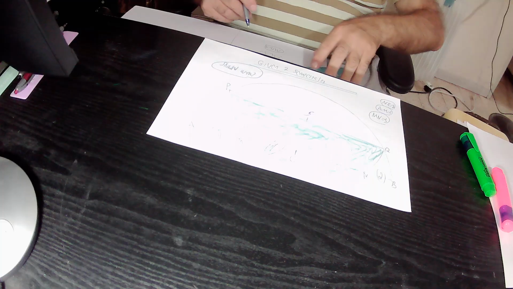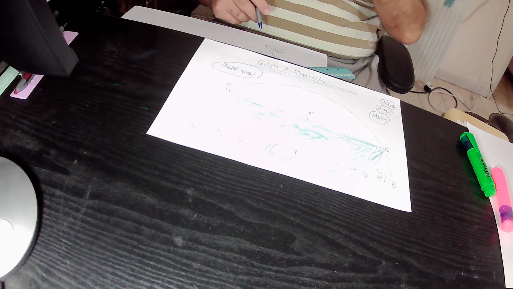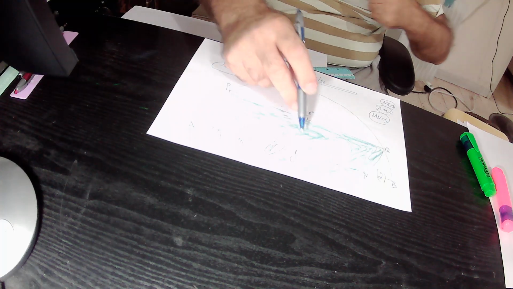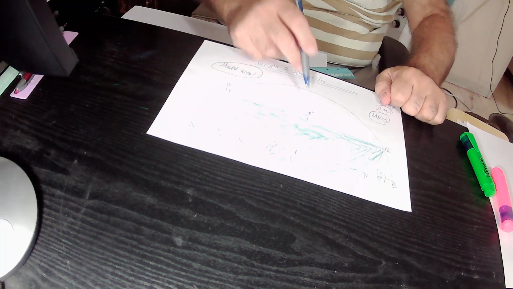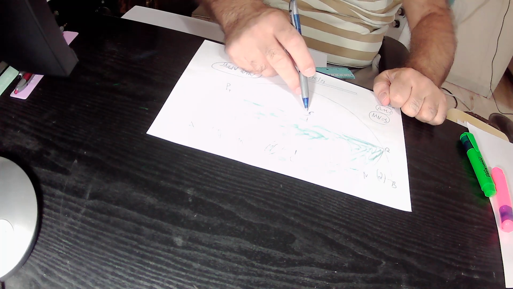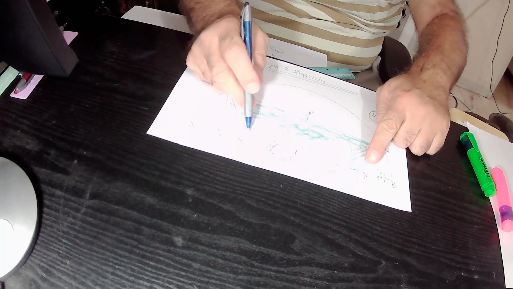In the next step, we will do a construction. From point S, that is the center of this small semicircle, we will draw a perpendicular on chord MN.